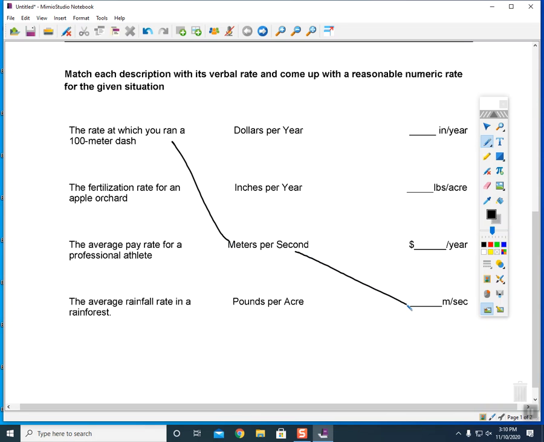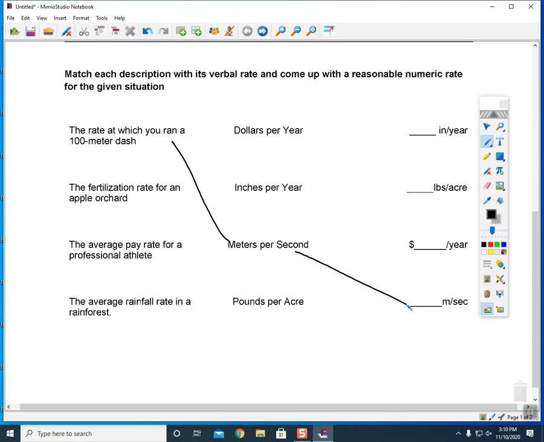So when we're thinking about a reasonable rate, let's take Usain Bolt for an example, right? Usain Bolt is the fastest man in the world. He recently broke a record when he ran the 100-meter dash in 9.8 seconds, which is ridiculously fast. So we figured out that that's right around 10 meters per second.